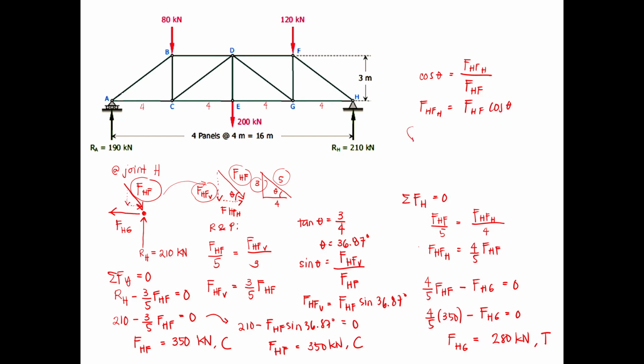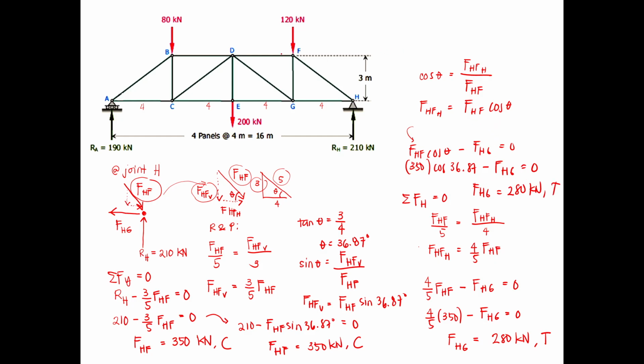So this becomes FHF cosine theta, then minus force HG is equal to 0. So you have 350 times cosine 36.87 degrees minus force HG is equal to 0. So force HG is still the same. That will be 280 kilonewtons in tension.